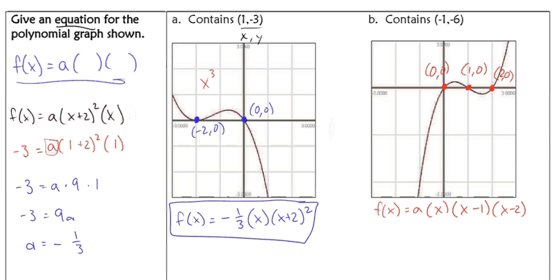It goes through the point of -1, -6, so we have -6 is equal to a times -1 times (-1 minus 1) and (-1 minus 2). All we did was plug in our x and y values into our equation below.